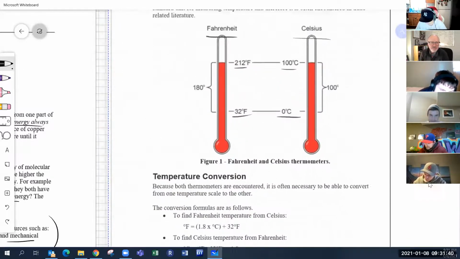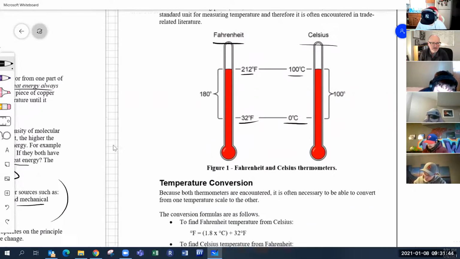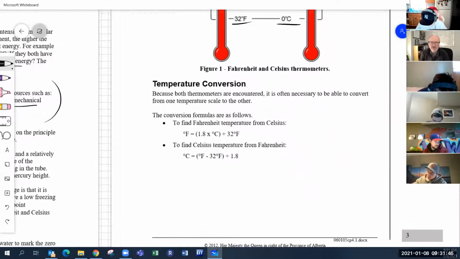Now, here are the formulas to calculate temperature conversions. So if you're going from Fahrenheit to Celsius or Celsius to Fahrenheit, these are the two formulas you need to do that.